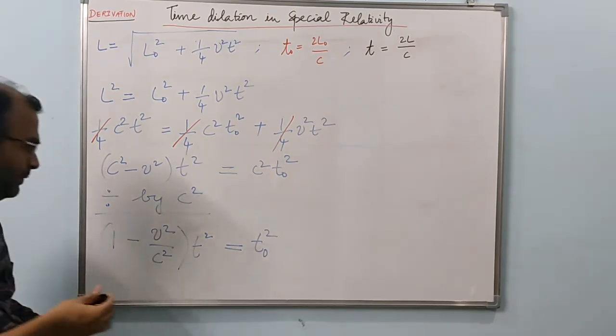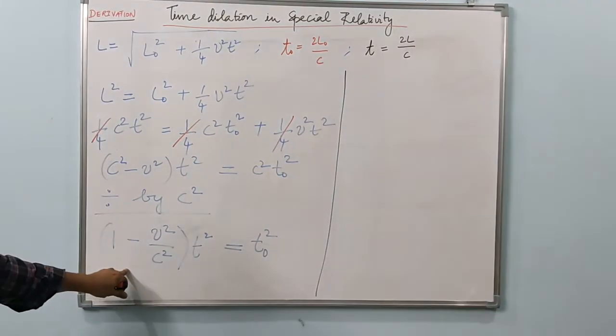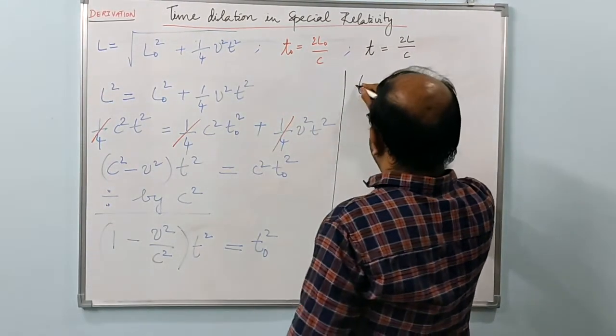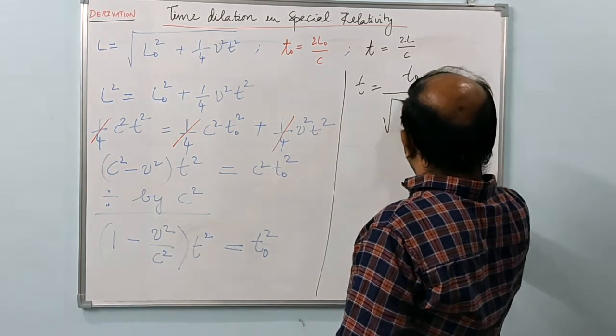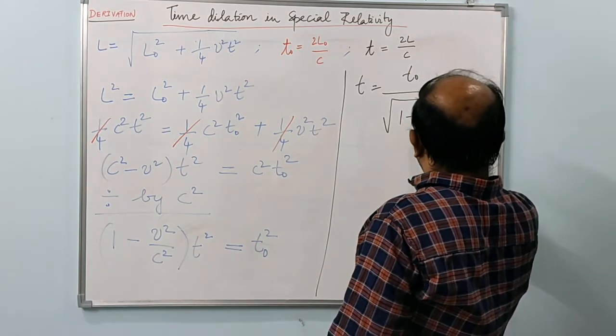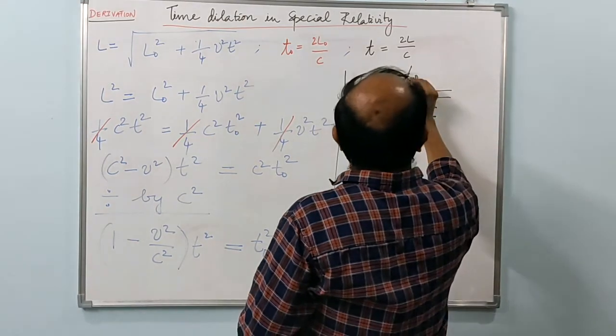Now we can continue here. Therefore, t is equal to t naught over the square root of 1 minus v squared by c squared.